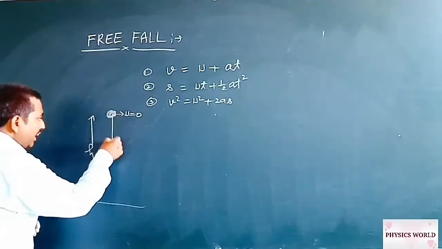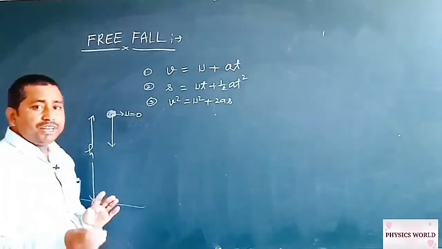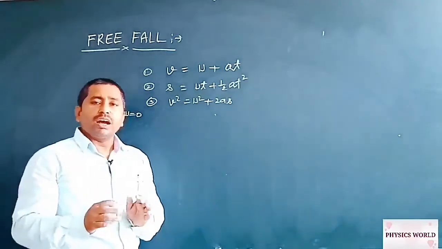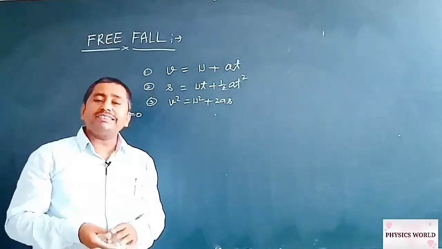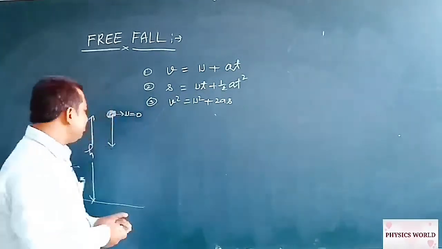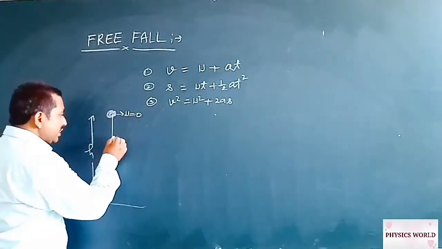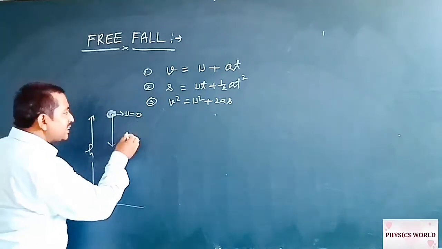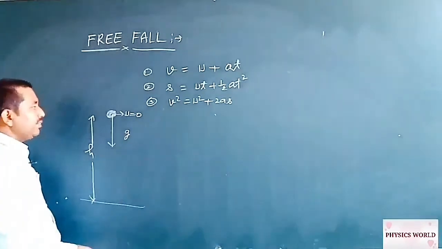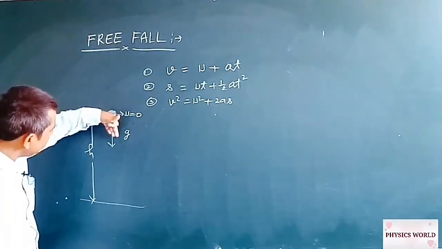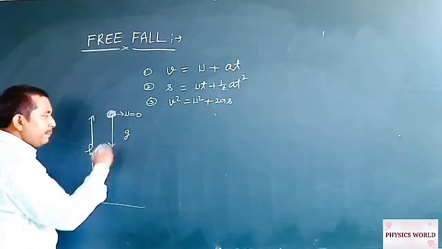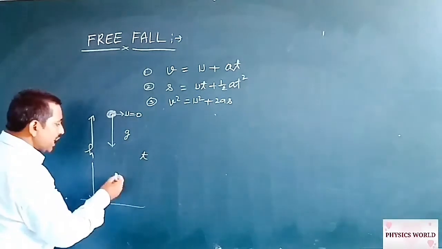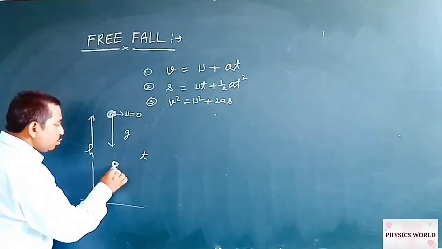And suppose that during falling, the object travels a small distance h in time t, and the gravitational acceleration by which the object is falling down is small g. Then suppose that in time t the particle will attain a velocity v at this point.